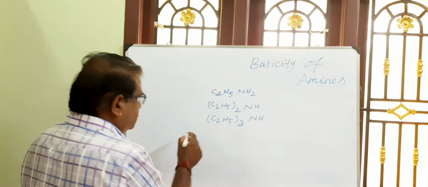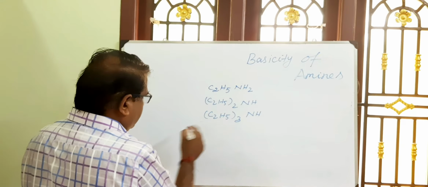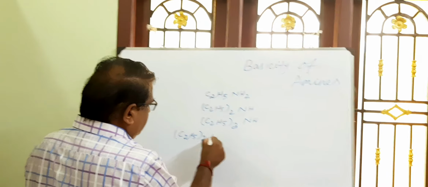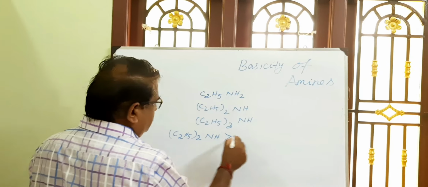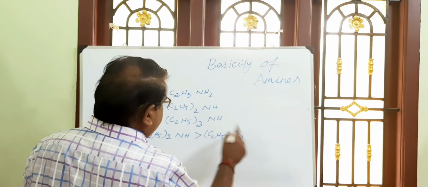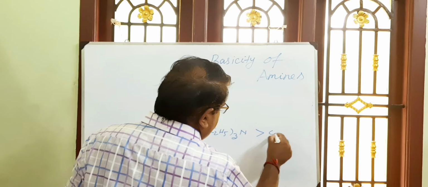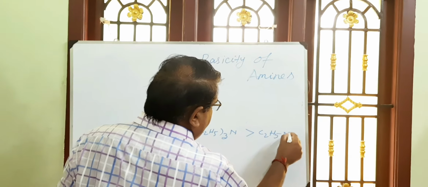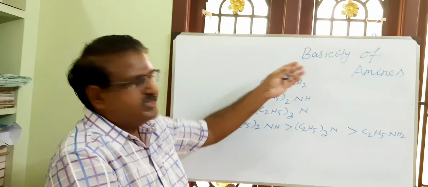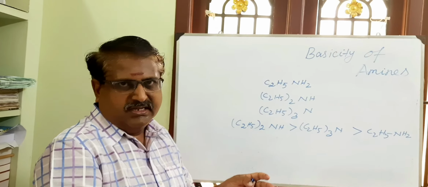The diethylamine, (C2H5)2NH, is stronger than the triethylamine, (C2H5)3N, which is a tertiary amine. And this is stronger than C2H5NH2.